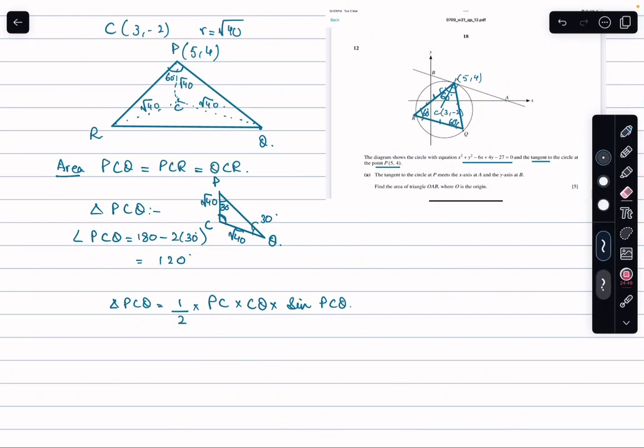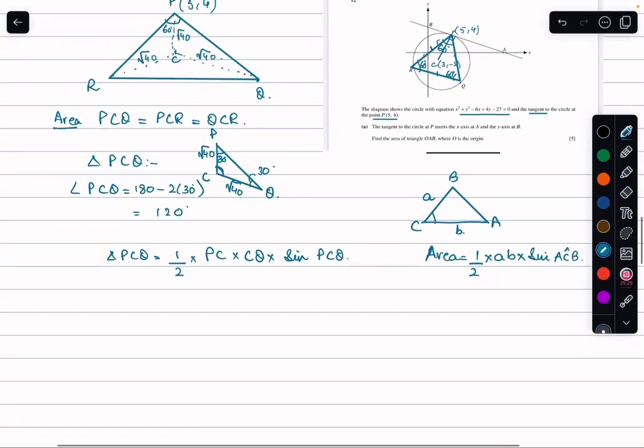For those of you who do not remember this formula, just remember that if you are given a triangle with two adjacent sides, let's say A and B known to you, we can find the area by saying that the area is equal to 1 by 2 into the lengths of the two adjacent sides multiplied by the sine of the included angle, which in this case is ACB.